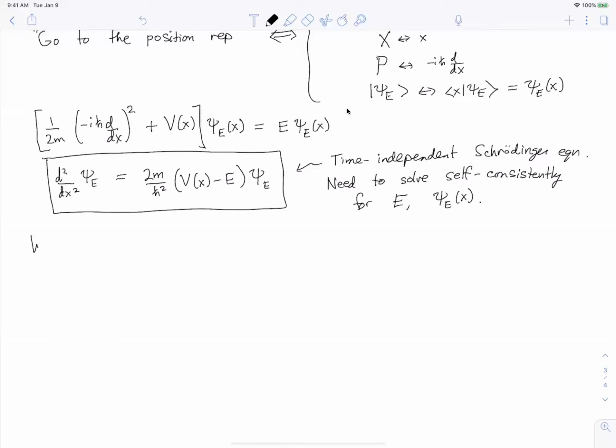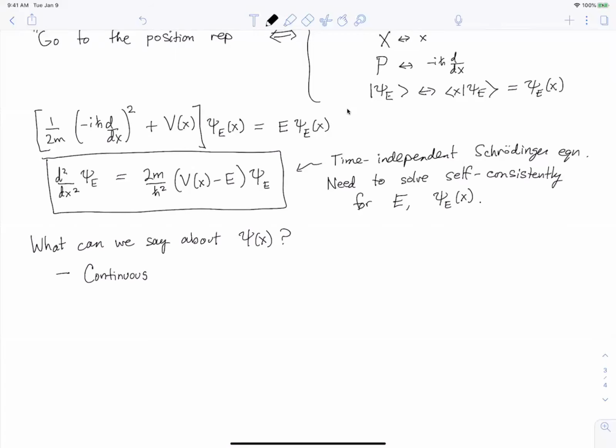Okay, so what can we say about these functions? I'm going to make some general statements about psi of x. So the first thing is, this is a mathematical statement that follows from the physics, and that is that the wave function should be continuous, always.